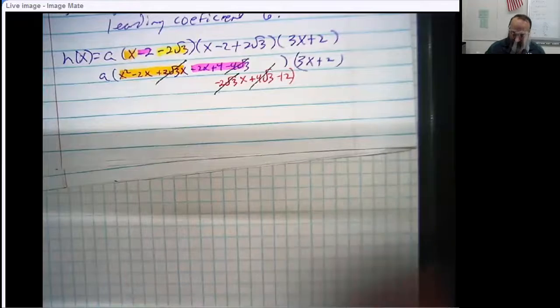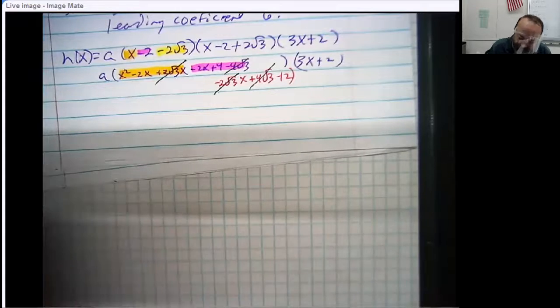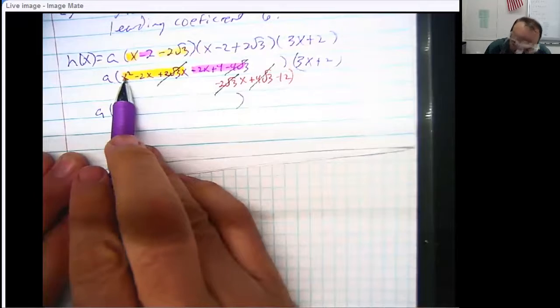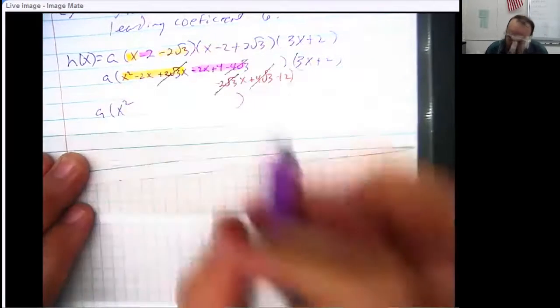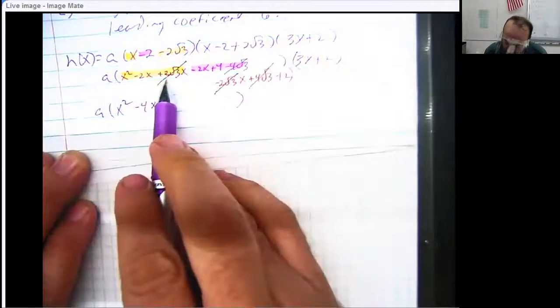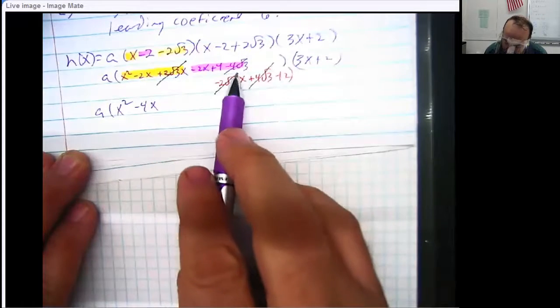So when we put it all together, I had my x squared here, that's it. I had a negative 2x and a negative 2x for a total of negative 4x. And then if I go all the way down, there was a 4 and a minus 12 for a total of minus 8.